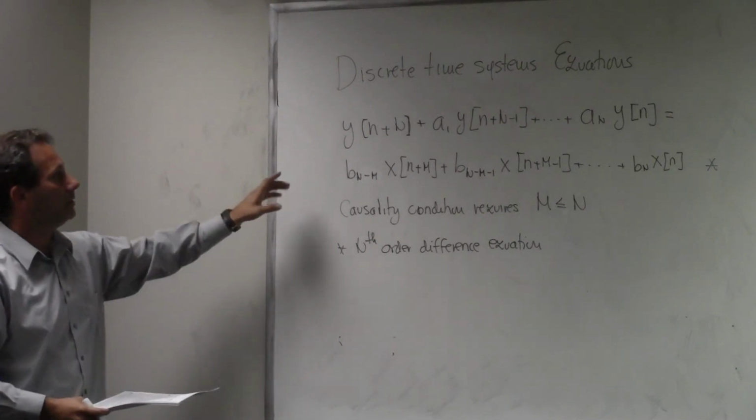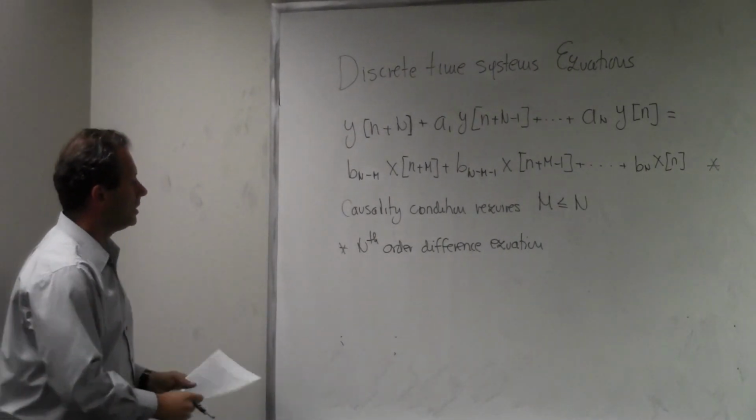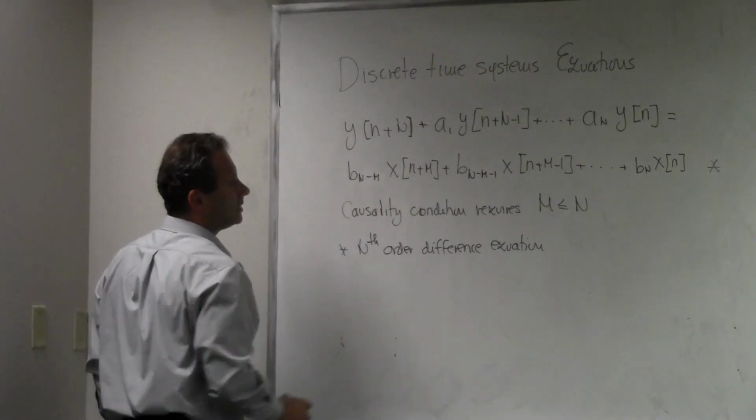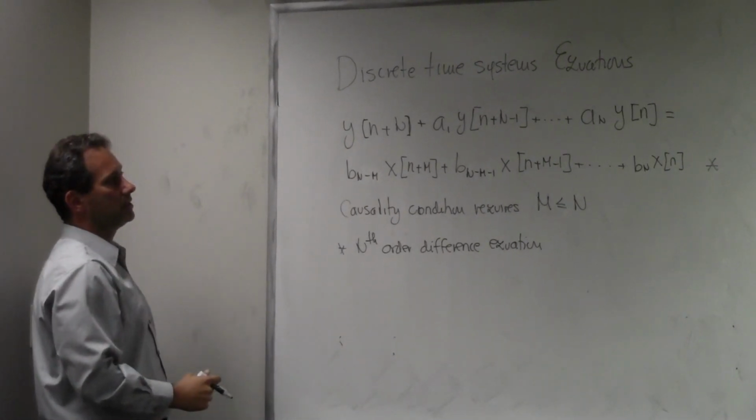A more natural way to write this would be just shifting everything by n. A lot of books actually do it that way.